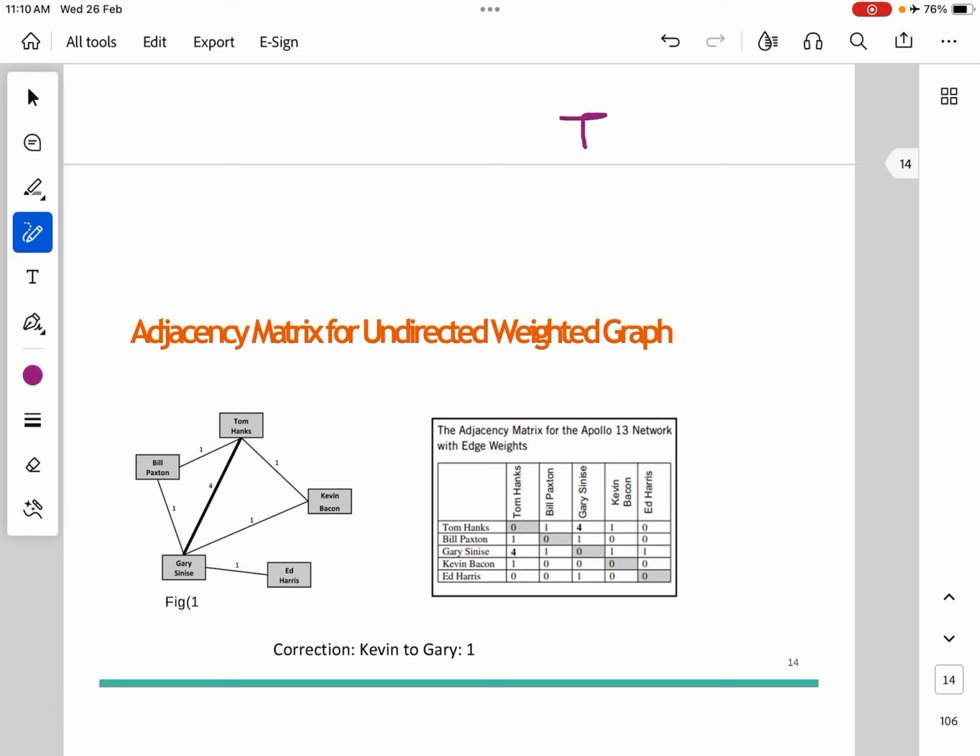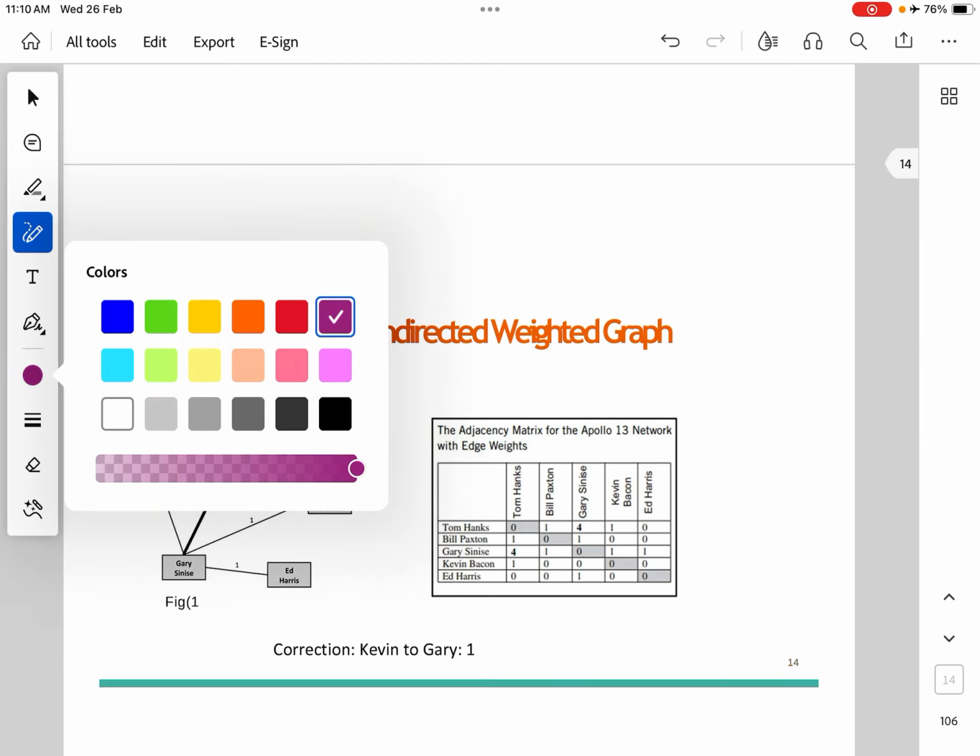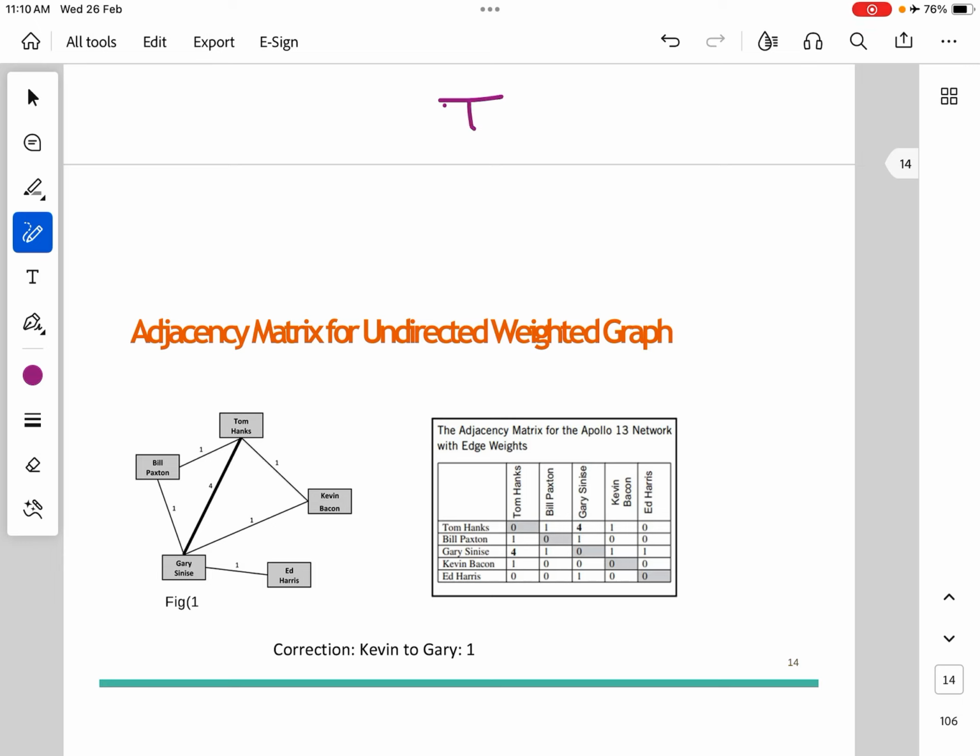So we'll write here Tom, Bill, Gary, Kevin, Ed. Here also Tom, Bill, Gary, Kevin, Ed. Tom to Tom 0. Tom to Bill, you can see 1, so 1.